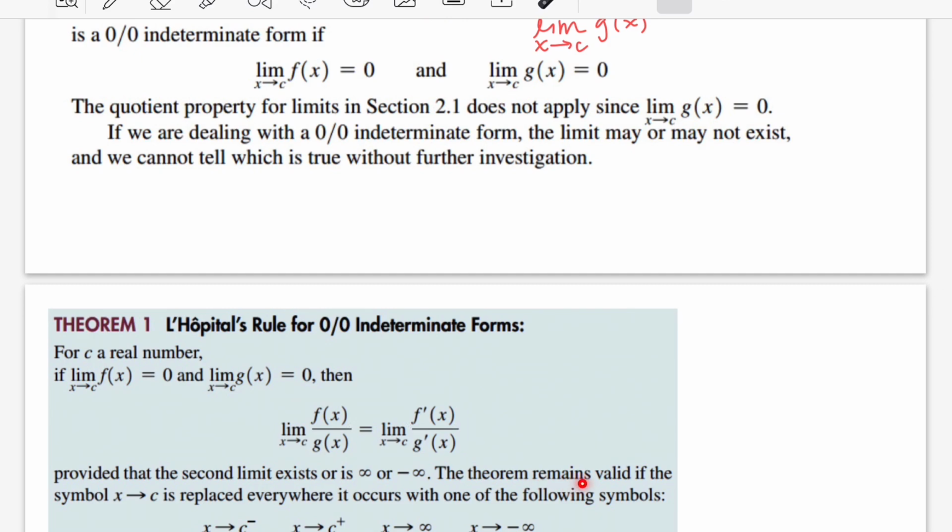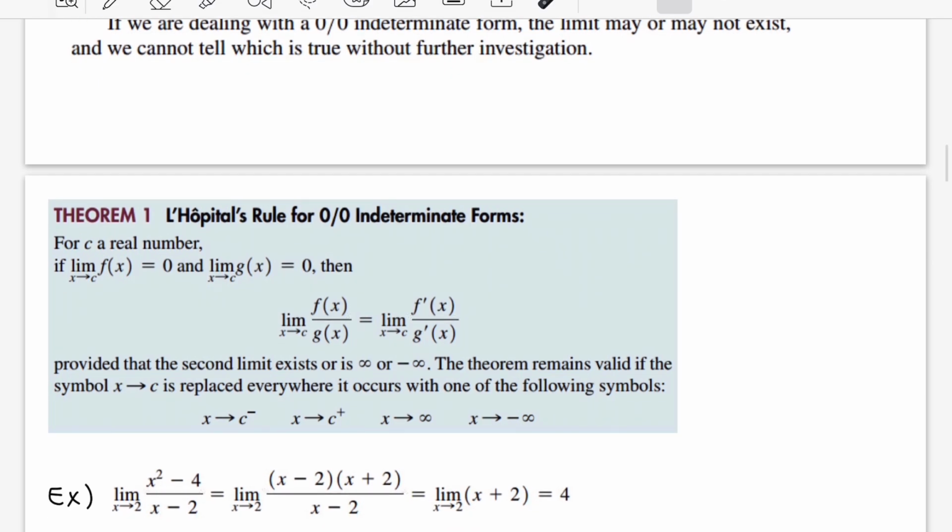Now, this theorem remains valid if this is replaced with as we approach x from the left, from the right, or as x approaches positive infinity or negative infinity. Okay, so this can be generalized to all of these cases here.